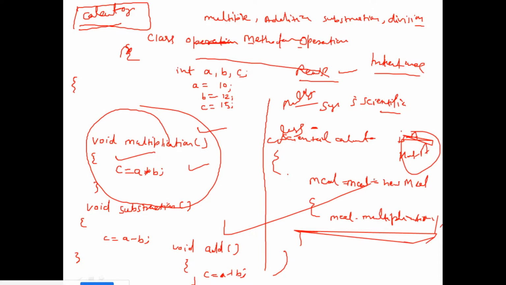Suppose you have a class which performs addition, subtraction, division, multiplication. Every time you will not define these methods again. Suppose you start defining these methods inside this scientific calculator class, and you write the multiplication method inside it too, then what is the need of the OOPS concept?